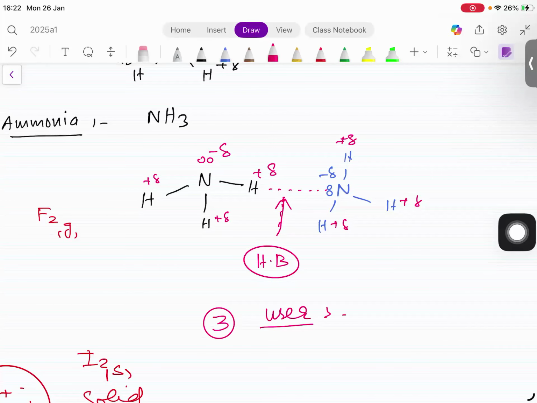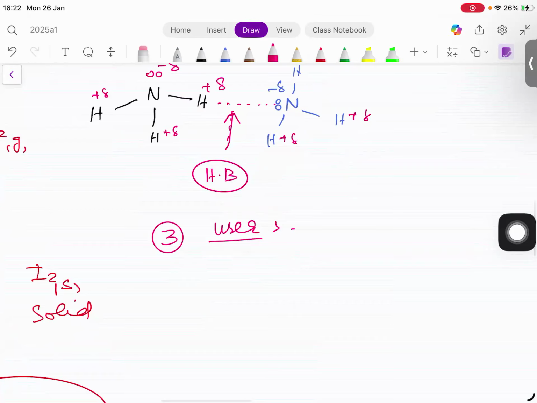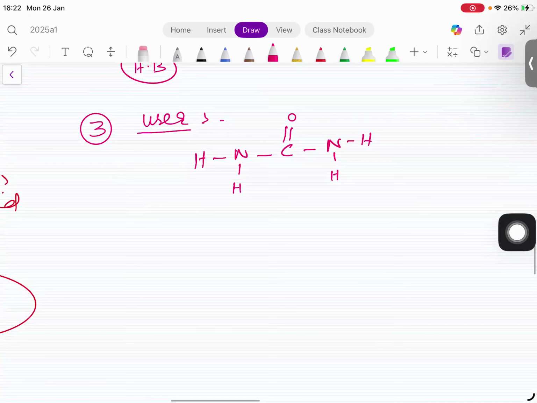Urea. I would like you to show the hydrogen bond in urea. Does the urea molecule contain hydrogen bond? Yes or no? NH, OH is there. So if I draw another molecule of urea here, can you show the hydrogen bond, please?